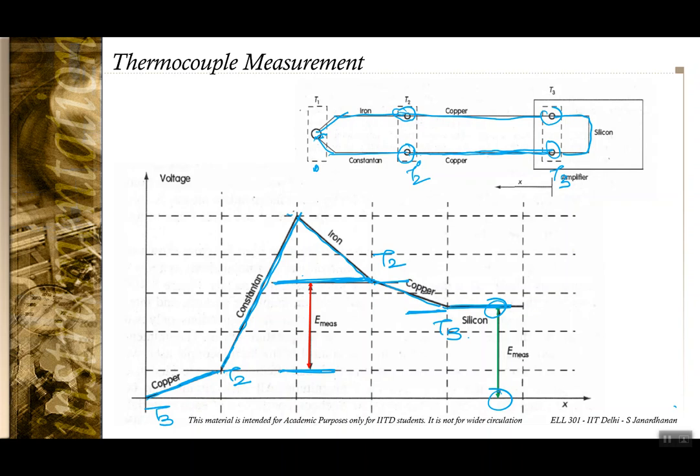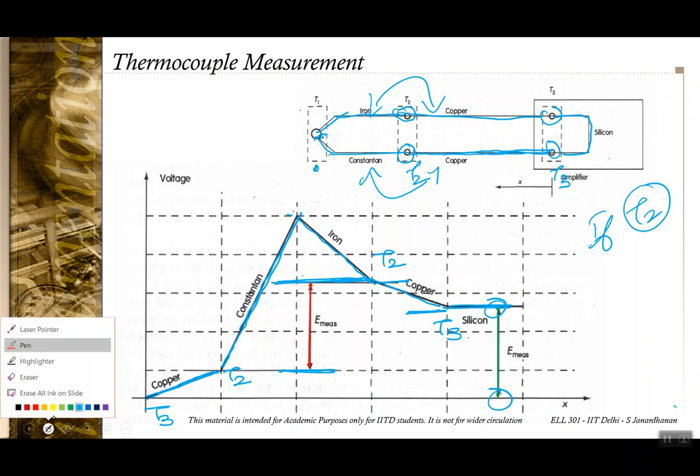Now we are assuming that both these junctions, the iron and copper and the constantan and copper junction, are kept at T2, at the same temperature, then the problem seems to be solved, even though there is unintentional junctions being formed.